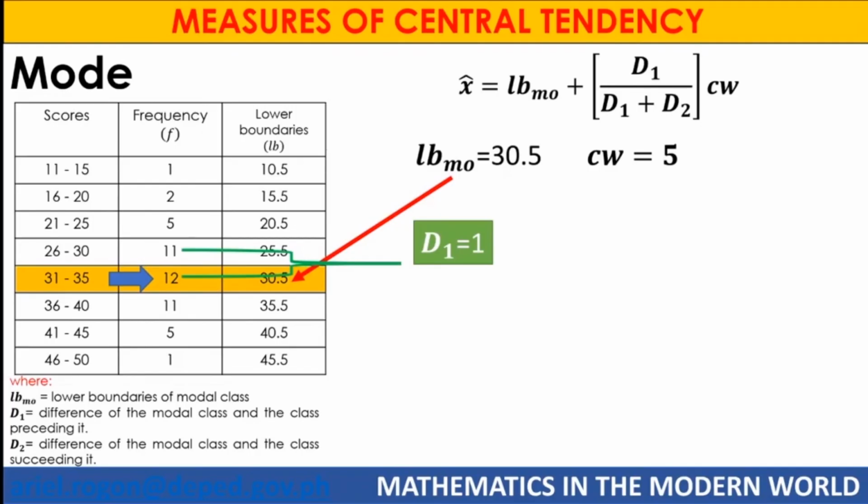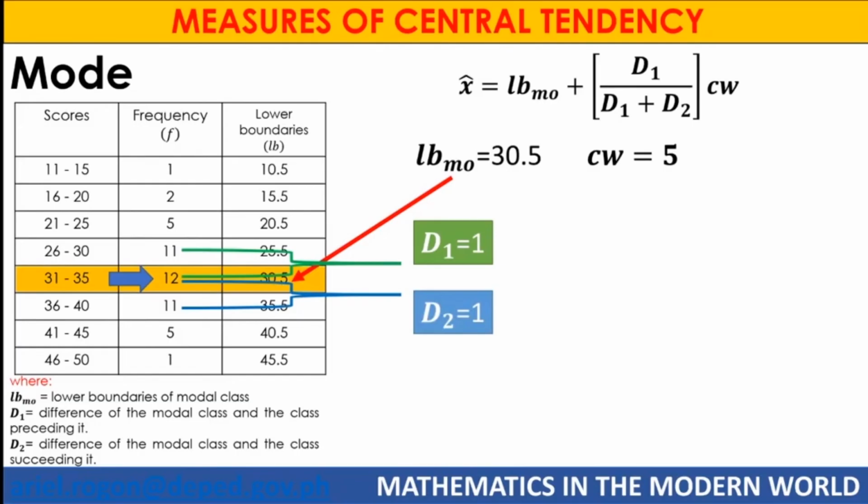Now, let us proceed with the D2. The definition of D2 is the difference of the modal class and the class succeeding it. When we say succeeding, it means after it. So again, our modal class is 12. The frequency after it is 11. It just so happens that it is also 11.